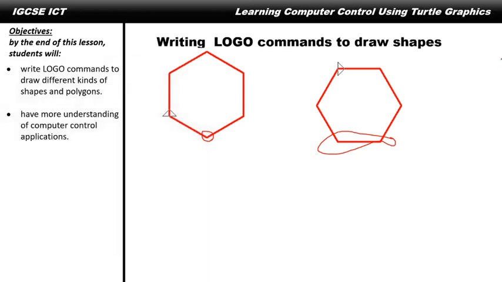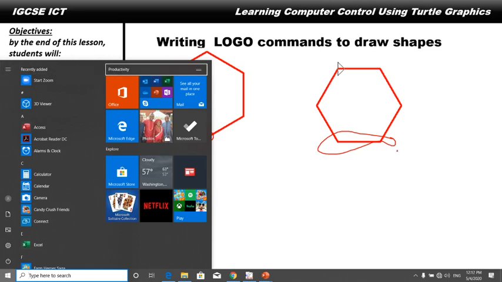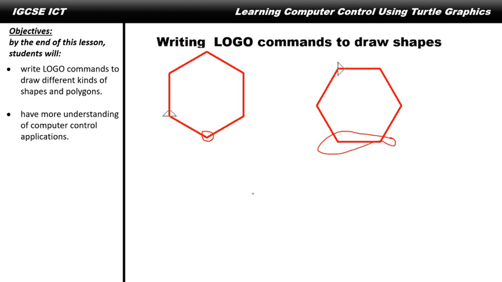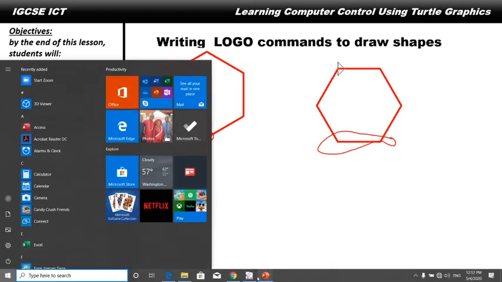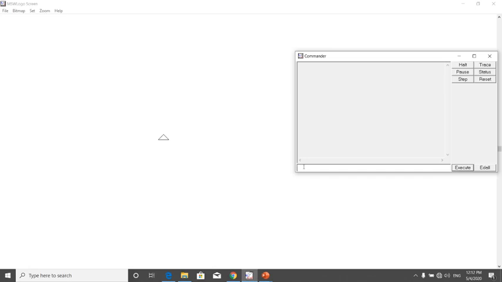For the polygon that is sitting on its vertex, if I just do repeat 6, because it's six-sided, forward 100, right 60.